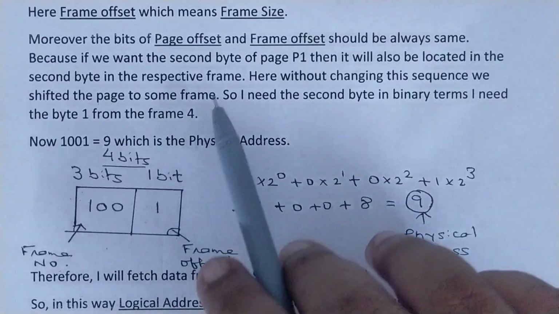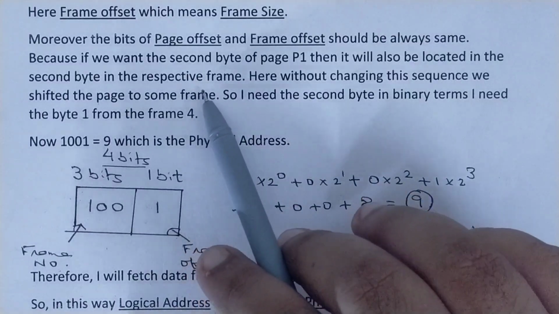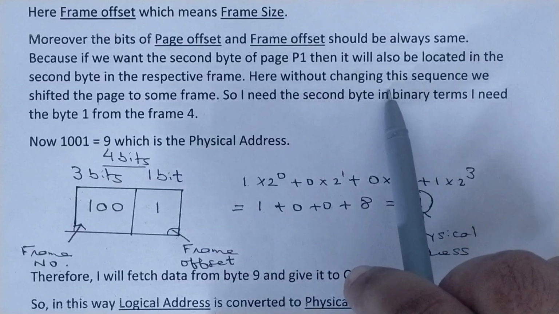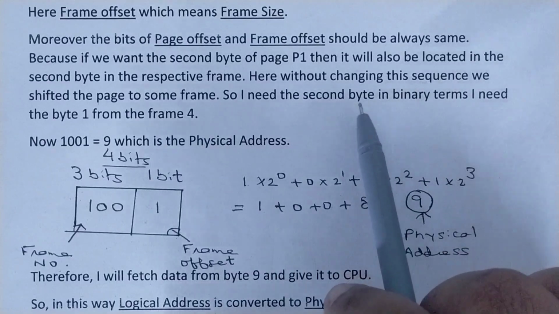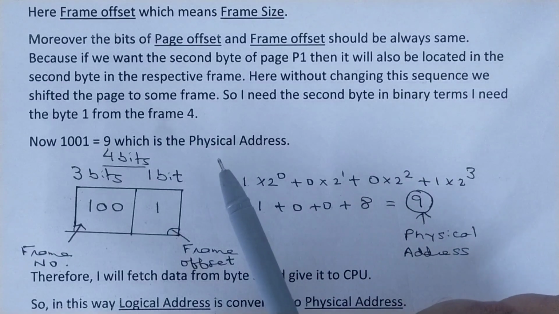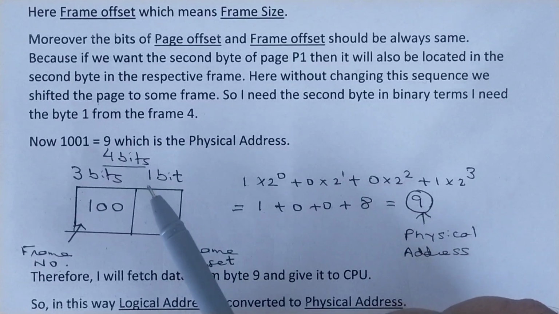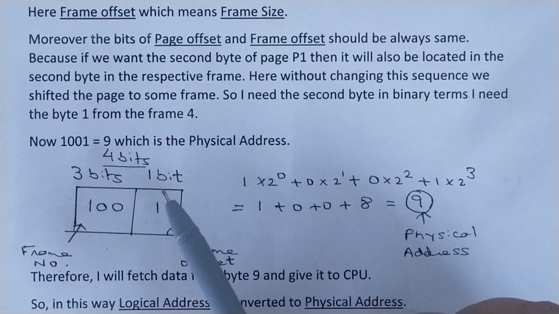Actually we want the second byte of page 1, which is supposed to be located at the second byte in the respective frame. Hence, without changing the sequence, we shifted the page to a frame. So I need to fetch the second byte, that is byte 1 from frame 4.